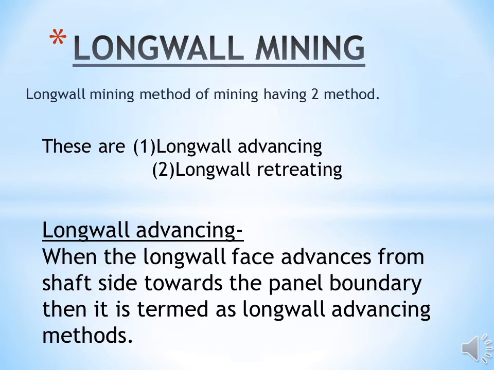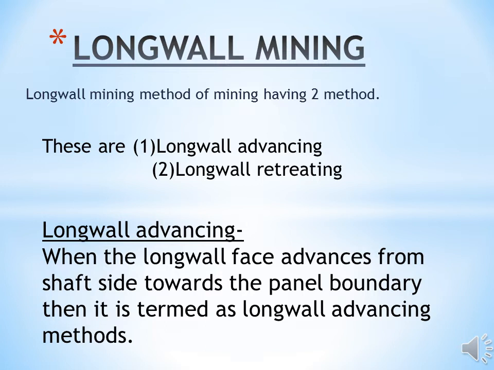So when the Longwall face advances, it means it is in the development stage. It advances from the shaft side, meaning the shaft bottom side. After the shaft mouth at the surface, when we reach from the surface to underground, that is called the shaft bottom. So the shaft side towards the panel boundary.